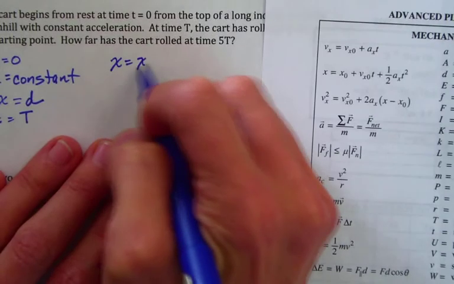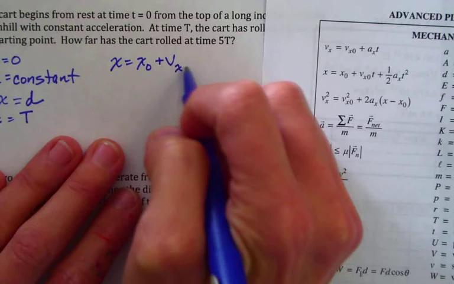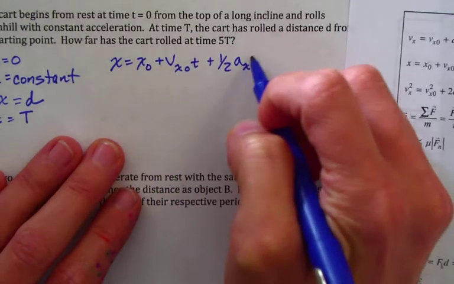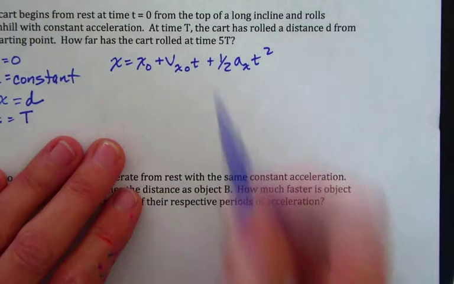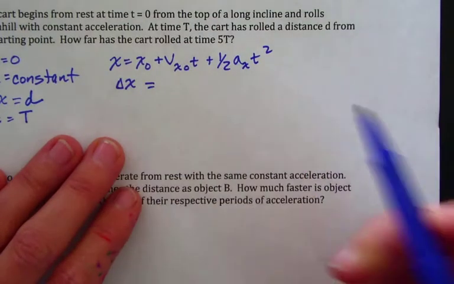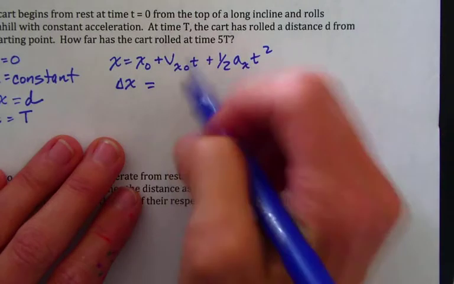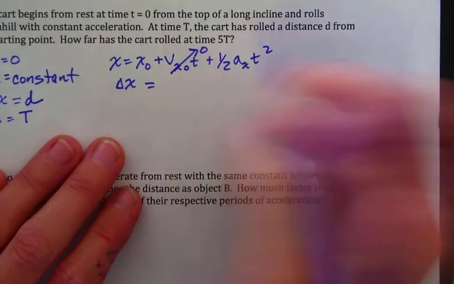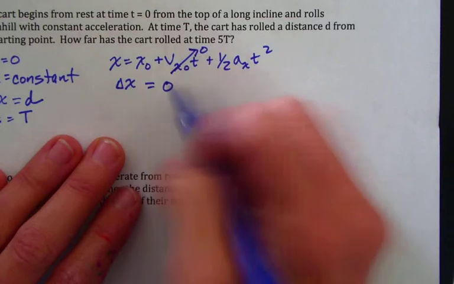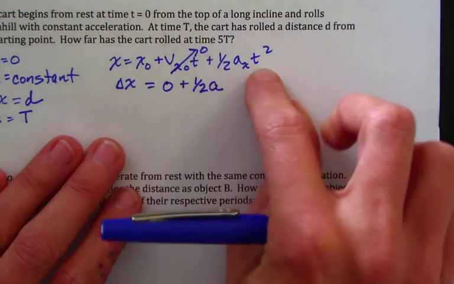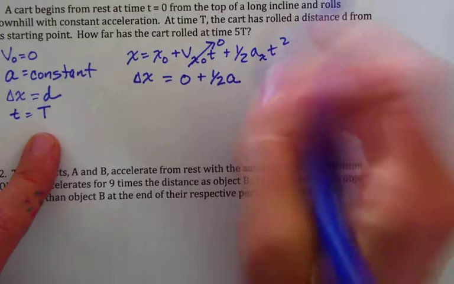All right. So the middle one was x equals x naught plus vx naught t plus 1/2 a sub x t squared. Okay. So if I subtract this, this is really delta x, and then the initial velocity here is really 0, so that would be 0, and then plus 1/2 a, and then t, my time is really big T here.